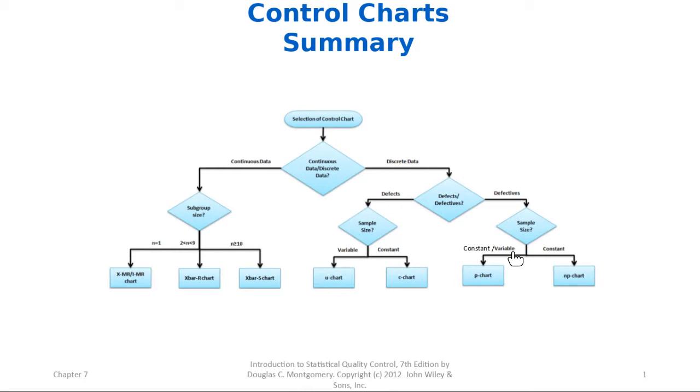The NP only works with a constant sample size, and it detects only the number of defectives, regardless of the sample size. The P chart, on the other hand, shows you the relation between the size of the sample and the number of defectives.